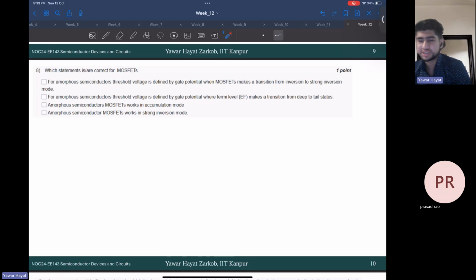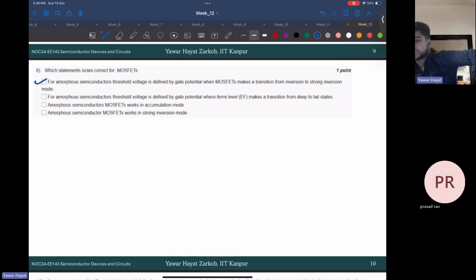Or if you don't know, just write, I don't know. Yes. So this option is in fact correct. For amorphous semiconductors, our threshold voltage is defined by gate potential when MOSFETs make a transition from inversion to strong inversion mode.